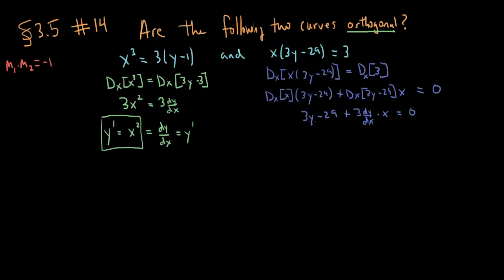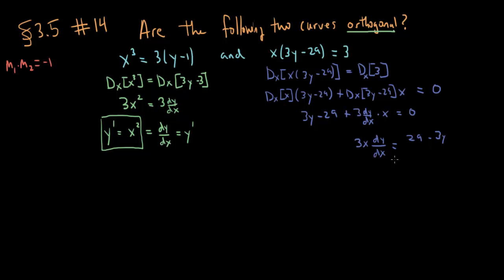So I need to subtract 3y from both sides, add 29 to both sides, and then divide both sides by 3x. So let's do the adding and subtracting first. So we could say that 3x dy dx equals 29 minus 3y.